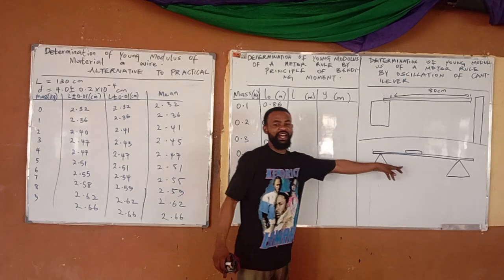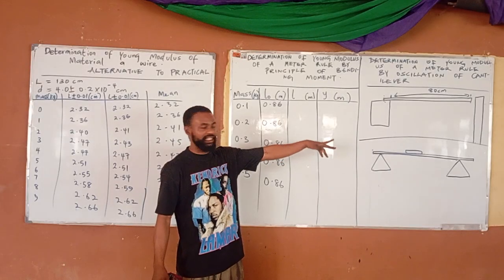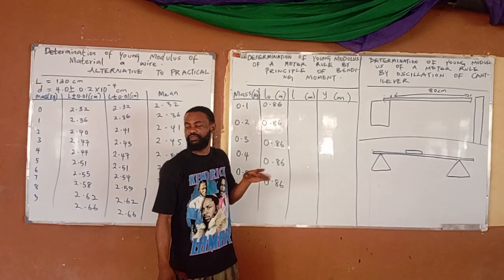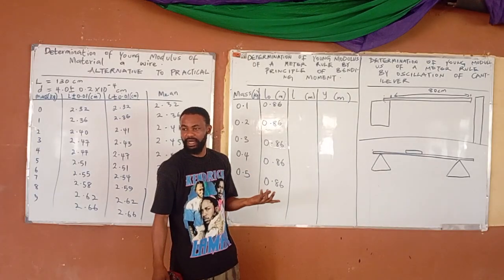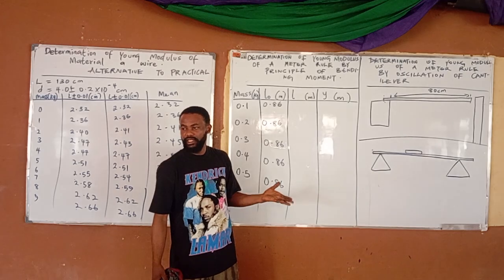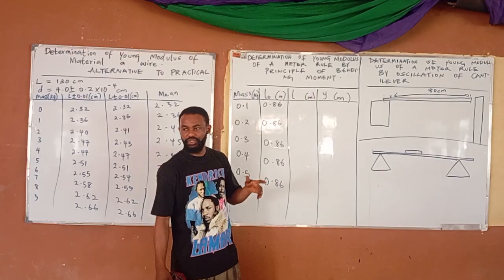I now place my 100 gram mass at the center of gravity. The center of gravity of a meter rule is always around its 50 centimeter mark, always at the center. It's different from center of mass, which varies when the object is not uniform.